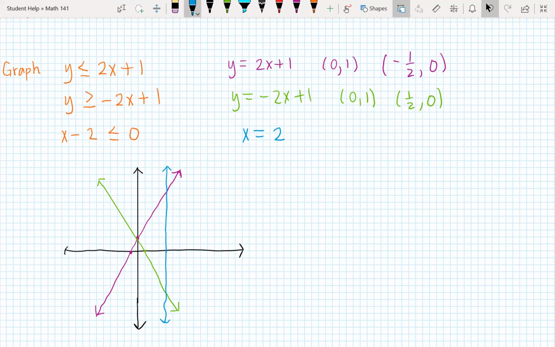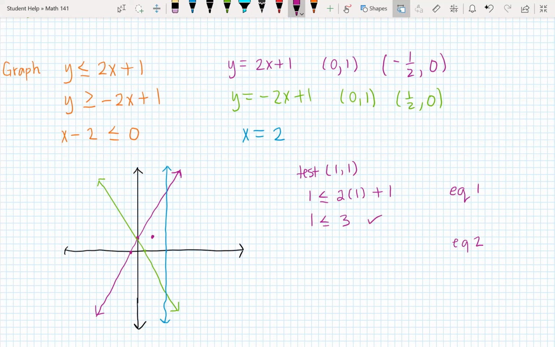And we're probably thinking it's going to be that triangle there on the inside, but just to make sure, I'll pick a point somewhere in there. Let's pick the point 1, 1. And I'm just going to test it in these areas to make sure that they're true. So for the first equation, we would have 1 less than or equal to 2 times 1 plus 1. That says 1 less than or equal to 3. Yeah, that's true.